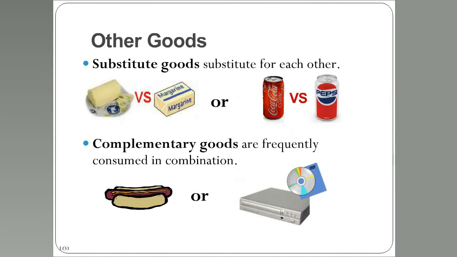If the price of one complementary good falls and people buy more of it, then they usually will buy more of the complementary good also, whether or not its price falls. If the price of one complementary good rises and reduces its demand, it may reduce the demand for the paired good as well.